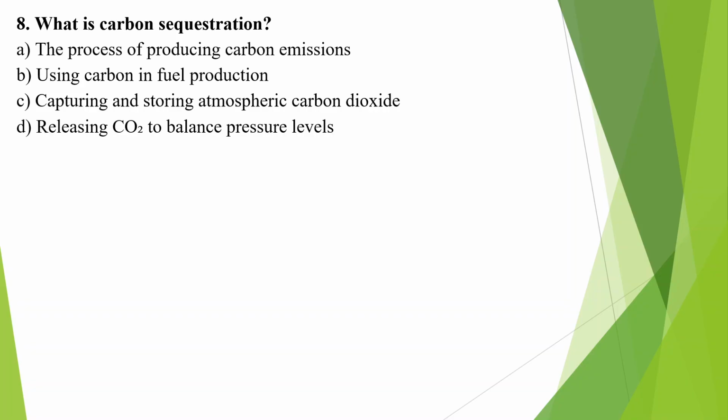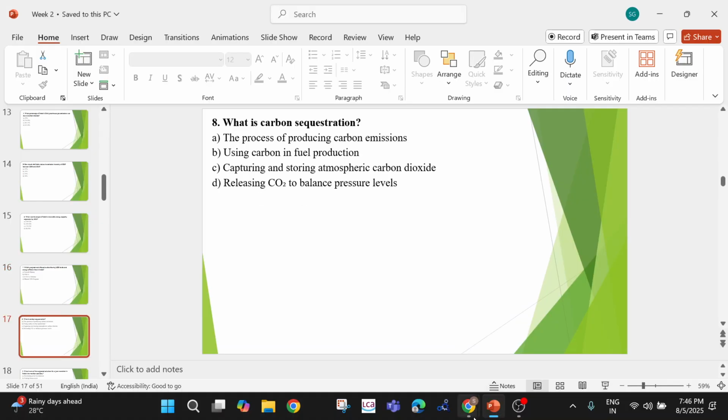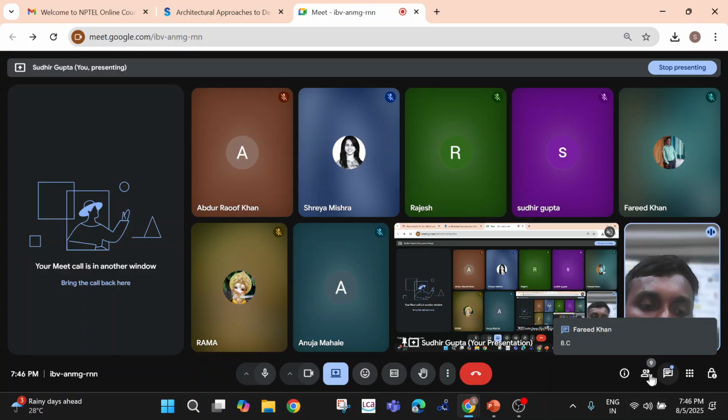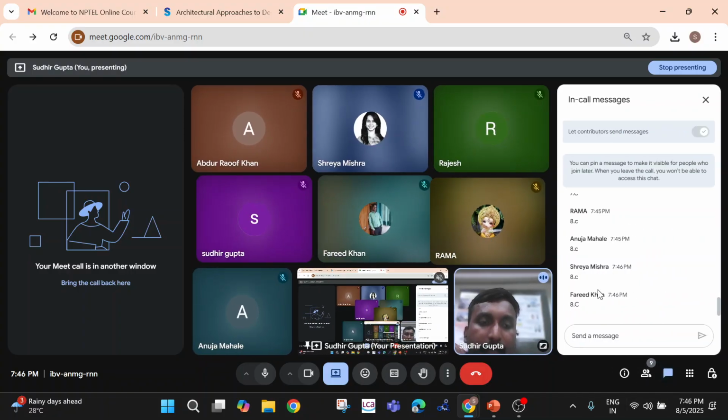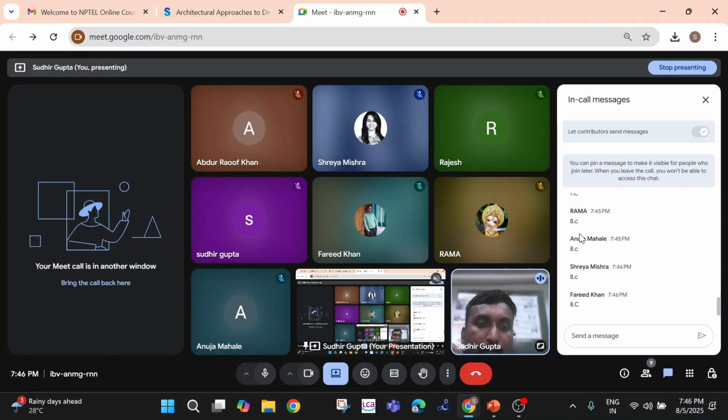This terminology was discussed. So before knowing much about that, first of all you should know what carbon sequestration is, or what you understand by that. Three people have answered. Okay, many answers are there, and all of you have understood this terminology very well, and there is no confusion with it.